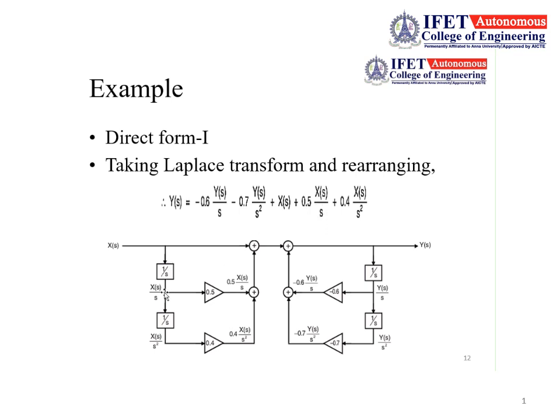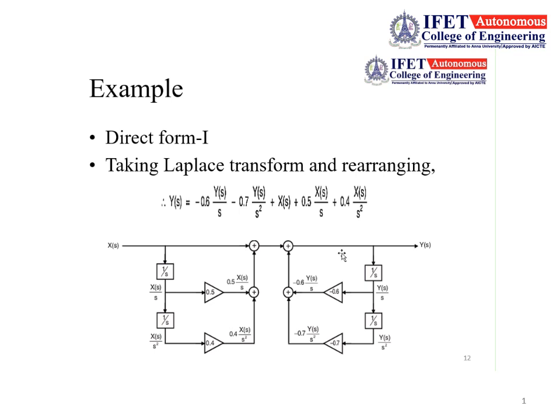X of s is given to an integrator, so you get the output x of s by s times 0.5 and an adder. Similarly, the y of s terms are connected, the outputs are multiplied with the multipliers, and then added in the summer or adder. So we get y of s.